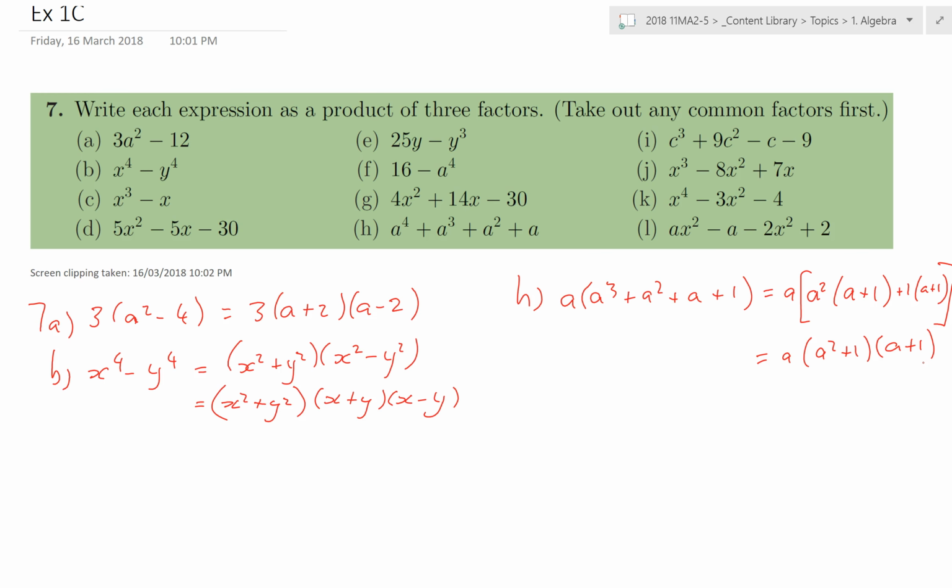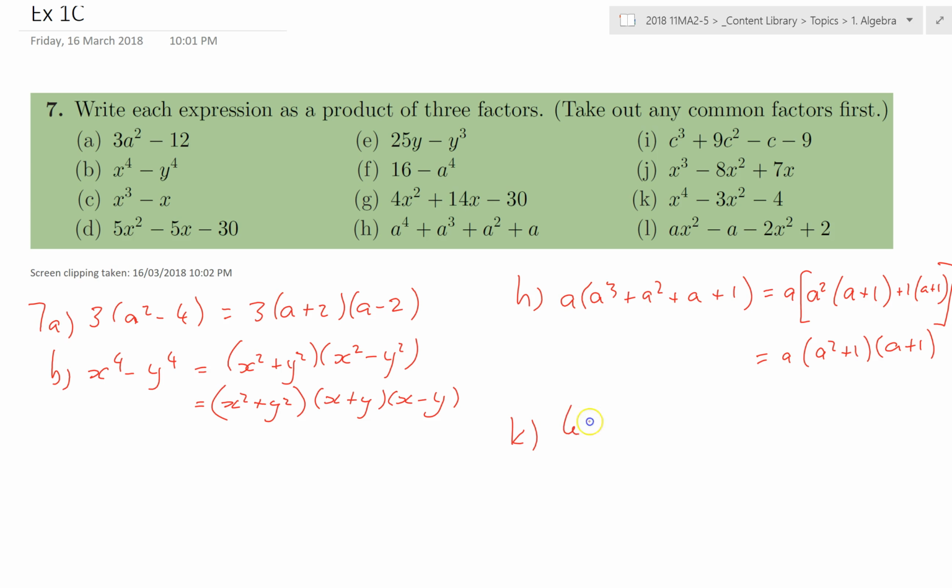Finally, should we look at something quadratic-y? Let's have a look at k. Because you are smart people, and k is a little bit interesting. x to the 4 minus 3x squared minus 4. Well, we don't factorise 4th power polynomials usually, but let's use a substitution to make life a little easier.